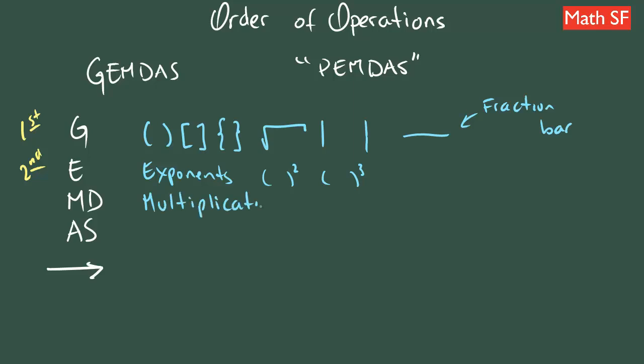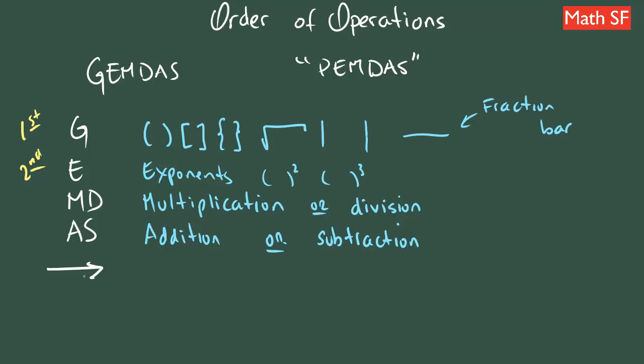Remember that multiplication or division, and then we have addition or subtraction. They go under the same order. That's why I put the arrow here from left to right. This arrow tells you to go from left to right. So first come, first served.